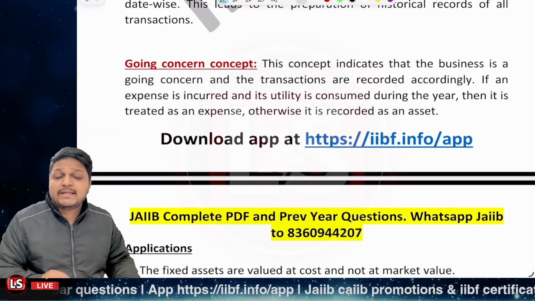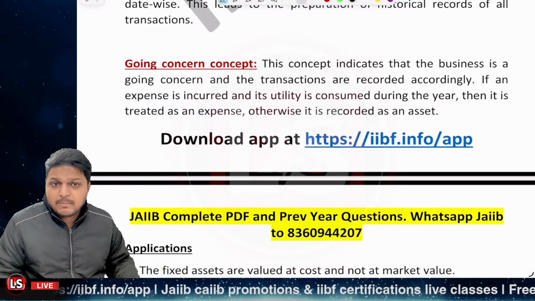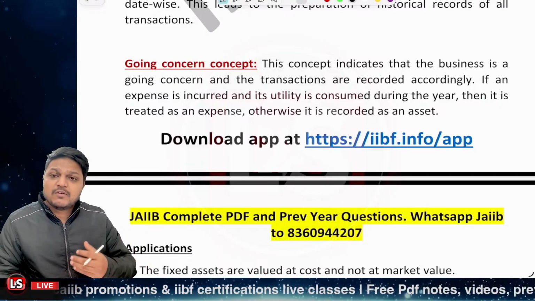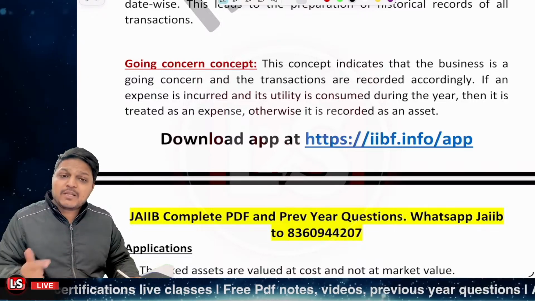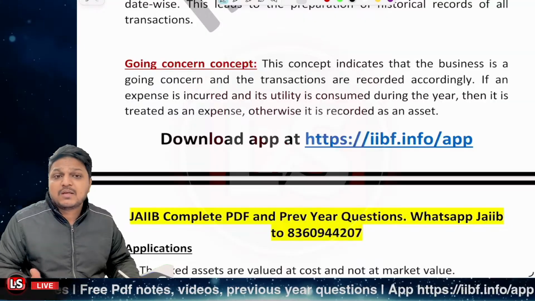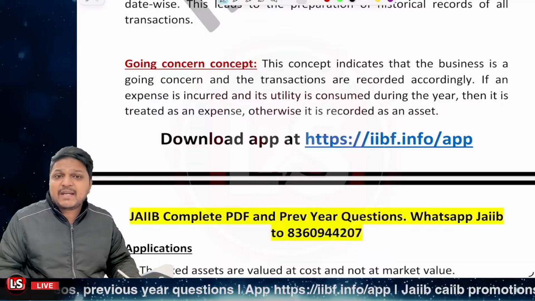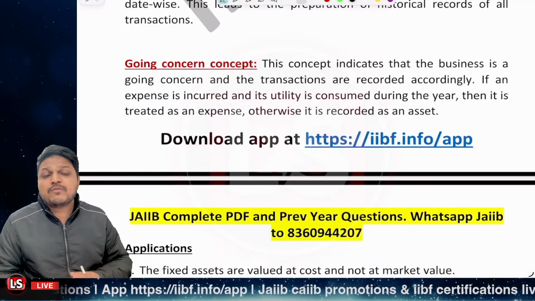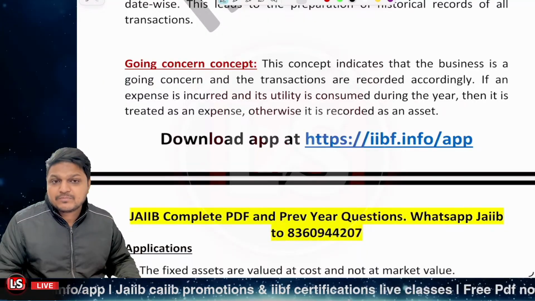We assume that the business will be there for an indefinite, longer duration, because if we were to consider that we are going to liquidate the business in the very near future, then we would have to revalue everything at current prices, and it would be a hassle to do that very frequently. So the concept indicates that the business is a going concern, that it is going to be there for an indefinite period of time, and we should record the transactions accordingly.